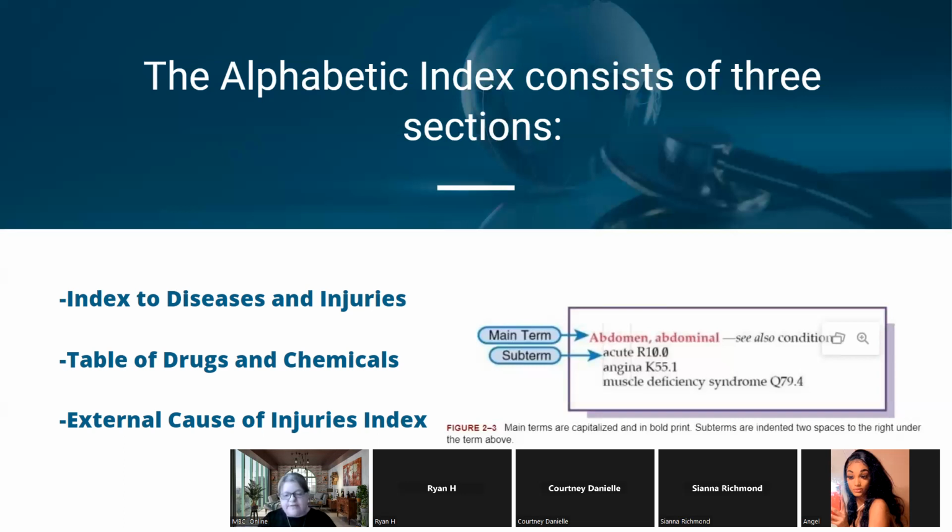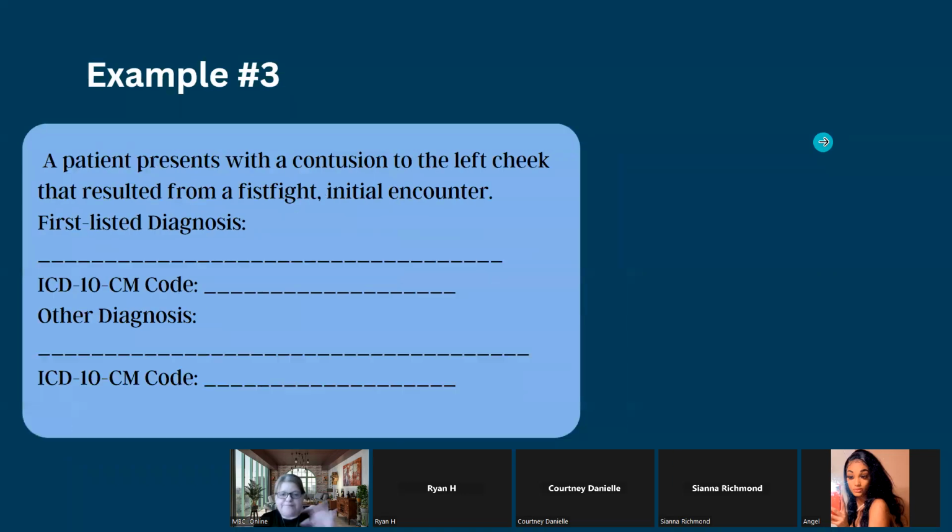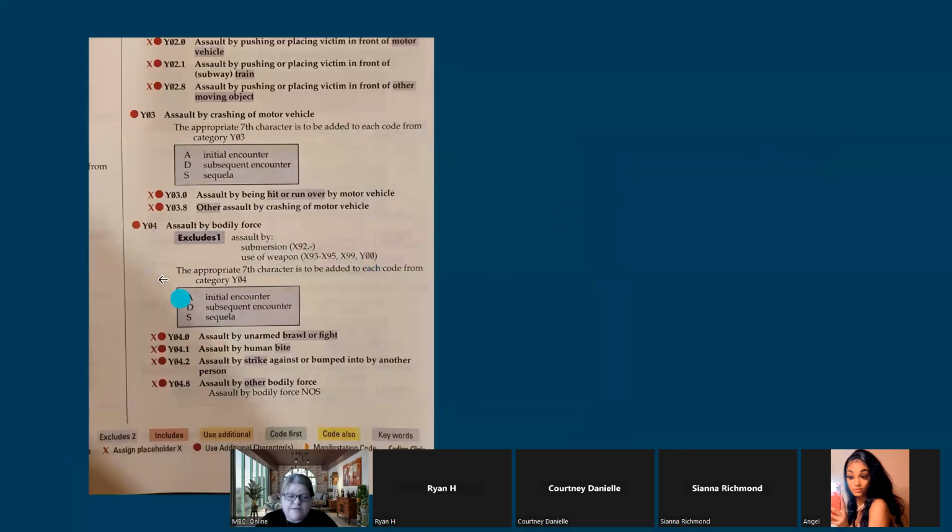Brain fart on that one. So Y04.0, assault by unarmed brawl or fight, initial encounter, with your 2 X's. So there you go. All right, I think that's it.